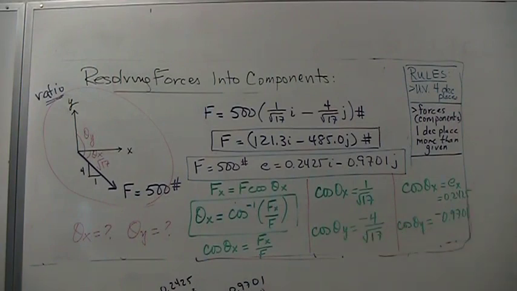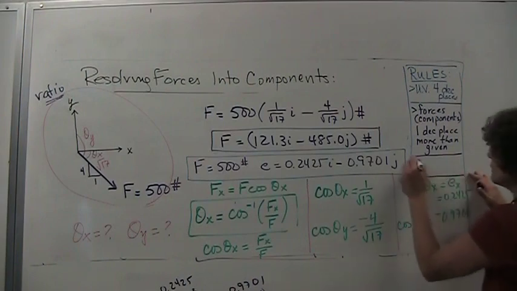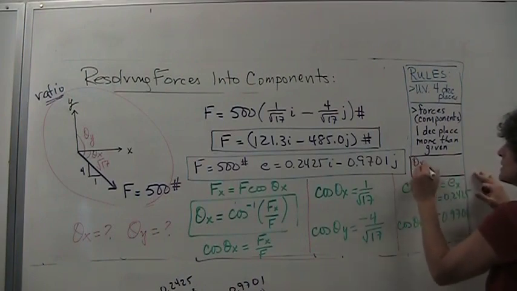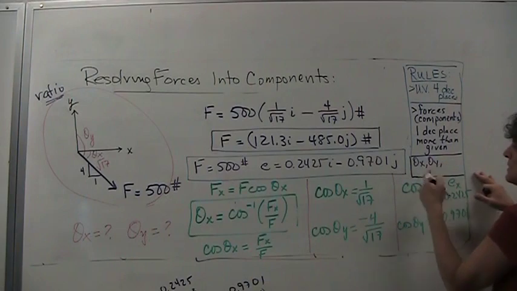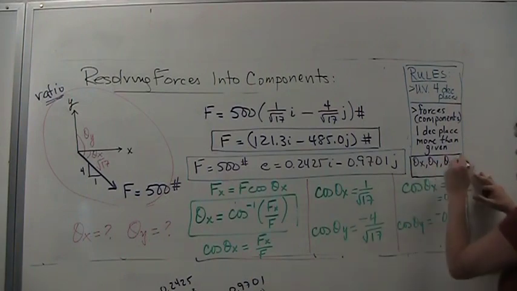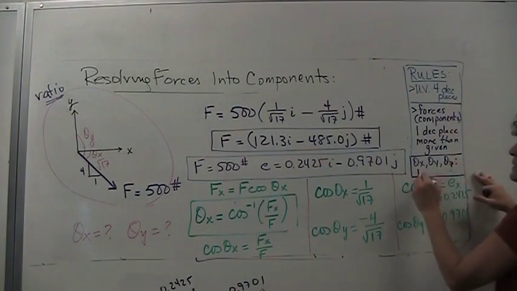Actually, they will, because the third rule we're going to write up here is that we always express the direction angles, and even though we just talked about theta x and theta y right now, as you can imagine, when we get into 3D, there's actually going to be a theta z. They're always represented to 1 decimal place.